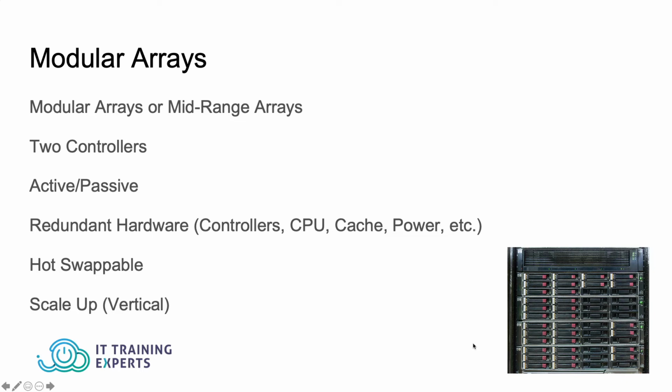You'll always be limited by those two controllers, and so that is a limitation in a modular storage array, and we'll talk about some of the scenarios and why that may be an issue in some environments. So now let's go into a visual and kind of look at the high-level architecture.